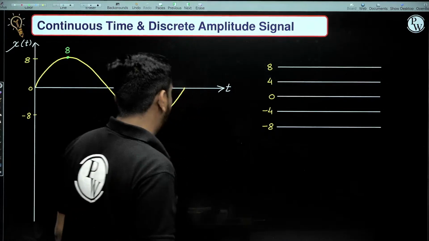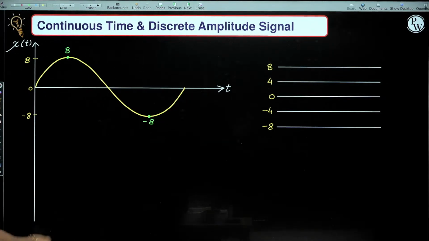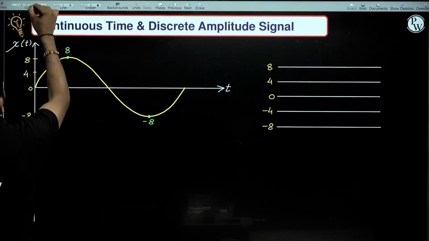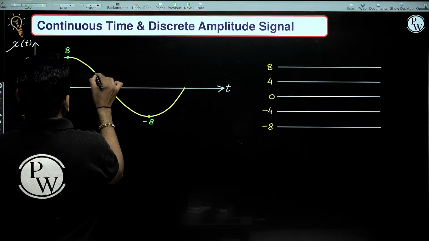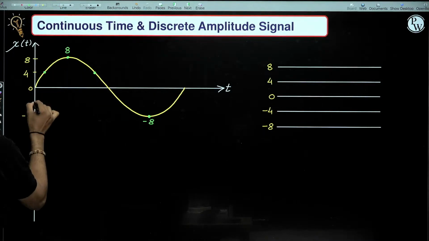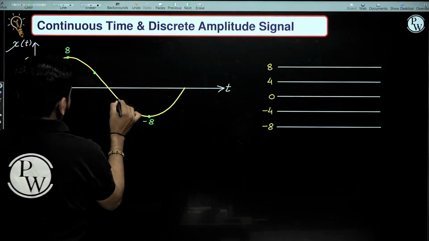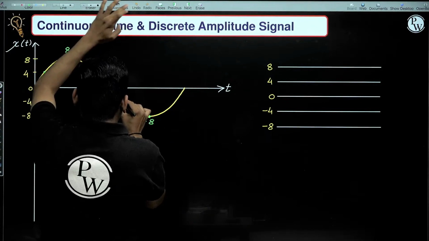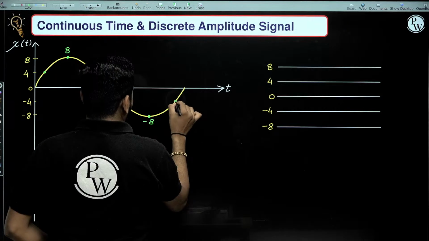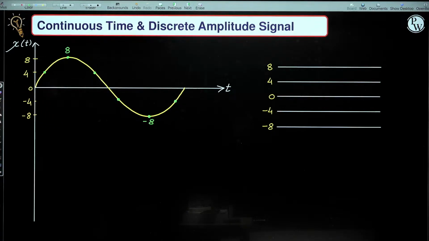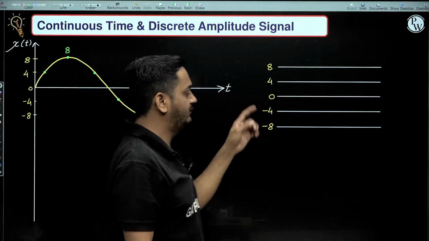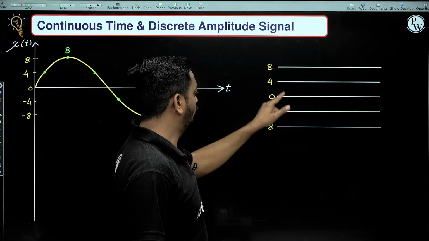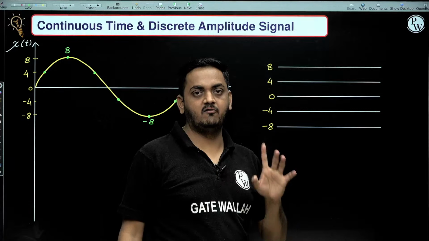So what exactly is this quantization process? Now see, if the amplitude of this signal lies between 0 to 4, then you have to take the average value, that is 2.